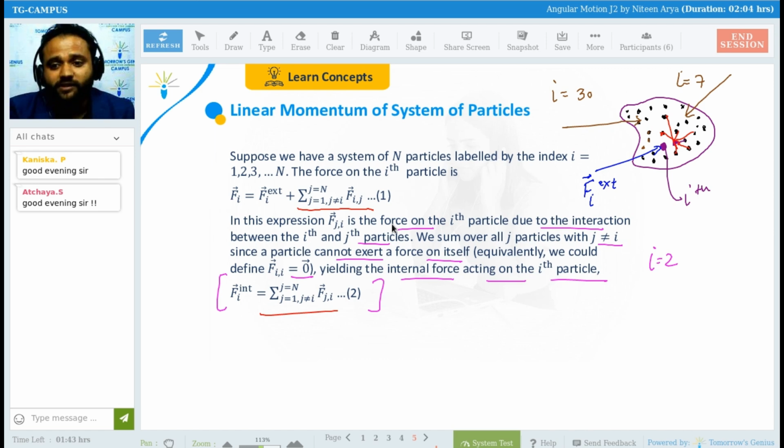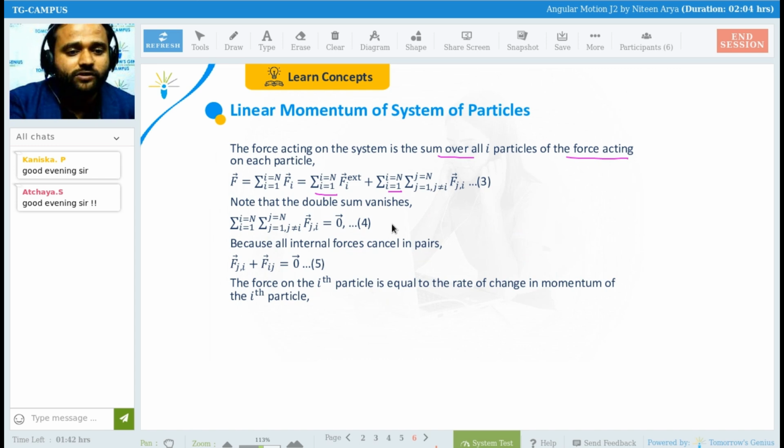So the net force on this rigid body system, which is basically a system of n particles of different masses and different spacing. So we do this thing. So this is here basically the net force on the rigid body.